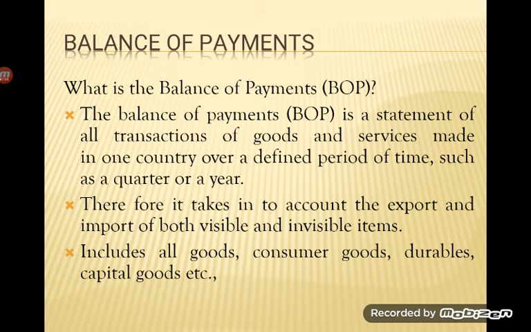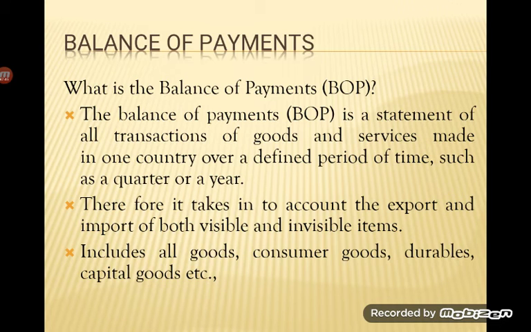So balance of payment, as I told you earlier, is the statement of all transactions of goods and services made in one country over a defined period of time. It may be a quarter, semi-annual or annual. Usually the annual year, that is the financial year, will be considered while calculating balance of payment.